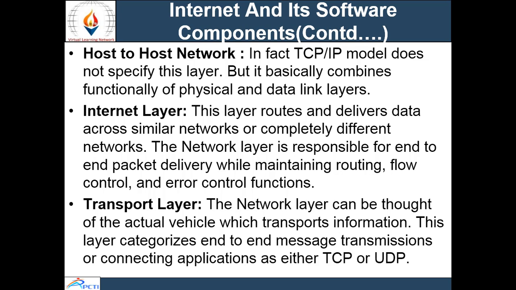This layer categorizes end-to-end message transmission or connecting applications as either Transmission Control Protocol or User Datagram Protocol. TCP is a connection-oriented protocol which is considered to provide a reliable byte stream. Some characteristics of TCP are traffic congestion control, data arrives in order, data has minimum error, and duplicate data is discarded.